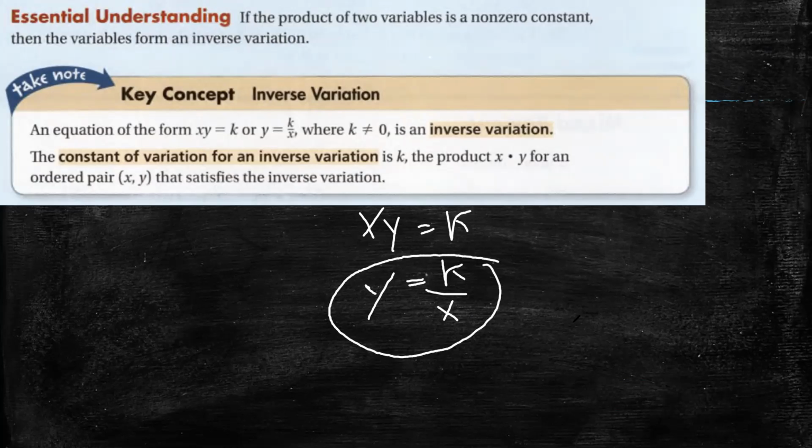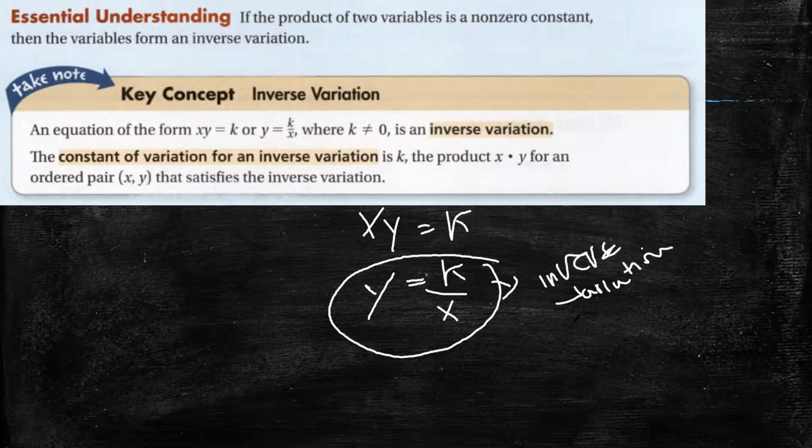So these two variables, y and x, make an inverse variation. So if the product of the two variables, x times y, equals k, both x and y are the variables in the inverse variation.